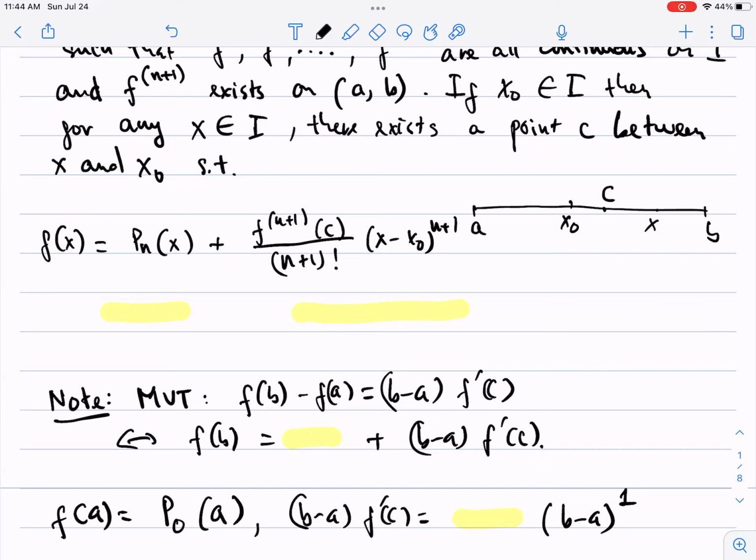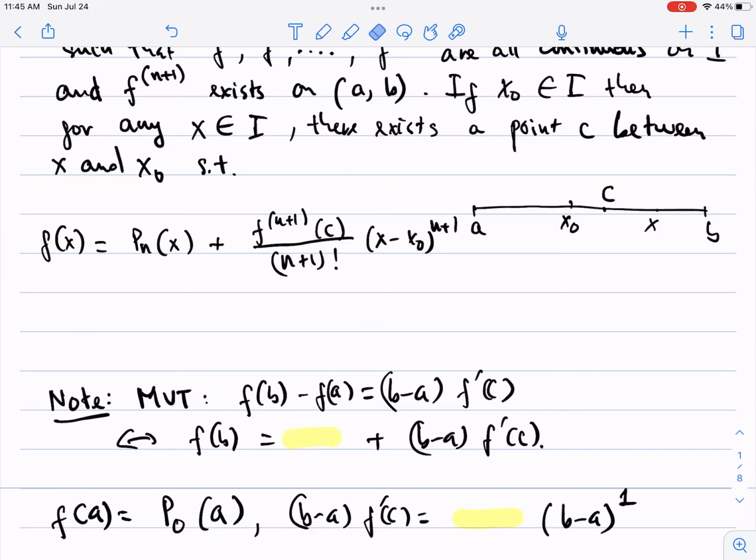So in this diagram, you see that we have a given point x0. For any point x inside the interval, there exists a point c so that we can relate the function f with the Taylor polynomial, and the difference is identified.